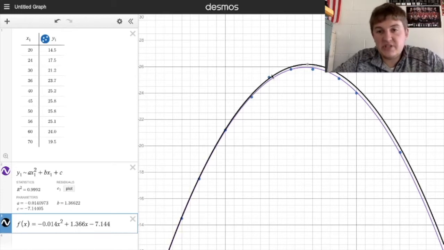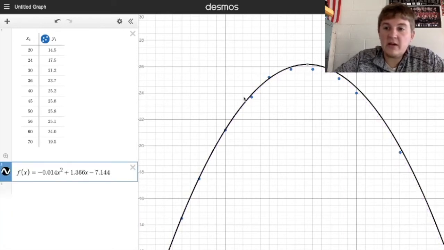Okay, and as you can see, it's going to be a little bit off because we're not typing these whole numbers in there. So this black curve is going to be our estimation. Again, all of these values are rounded to the nearest thousandth.